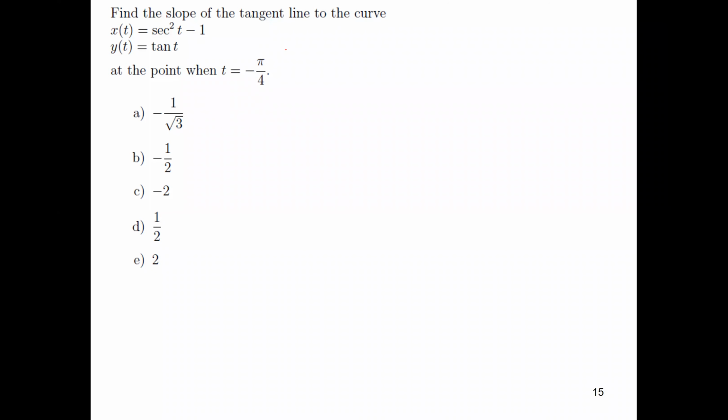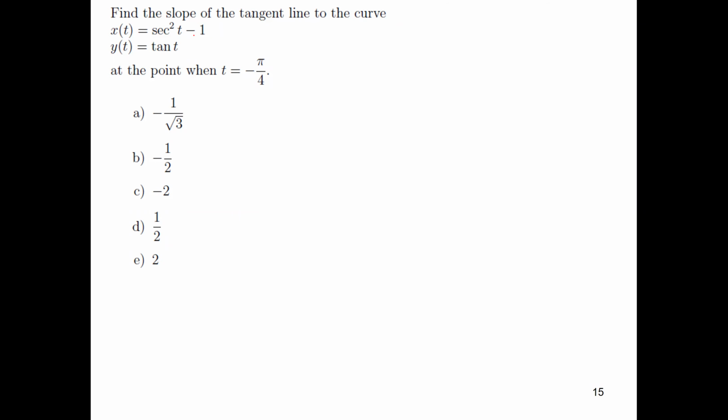That's one of the questions that we may ask you: the slope of the tangent line for the curve that is defined in the parametric way. We can see x has its own formula and y has its own formula, and the point is given. Asking for the slope of the tangent means, of course, we're asking for the derivative.